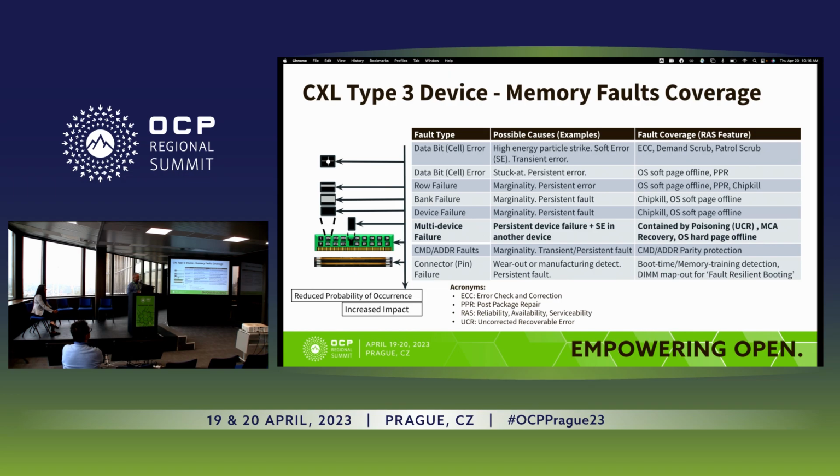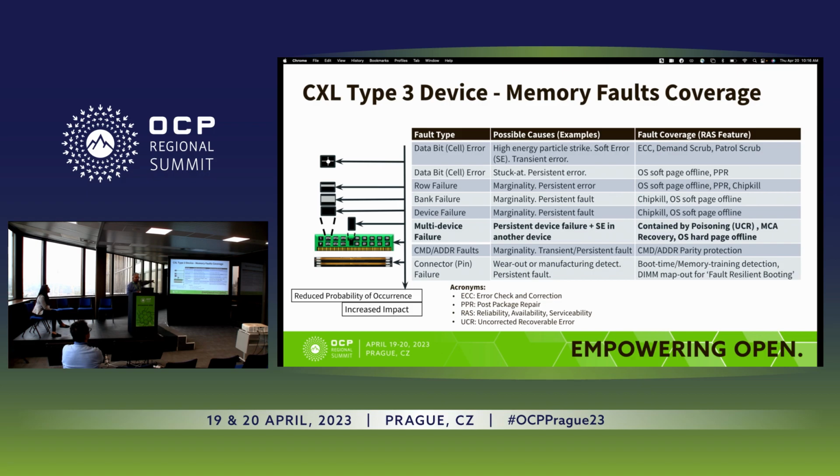Those are mostly detected during training, at boot time itself, and we'll map out the DIMM. The whole DIMM or the whole channel will be mapped out. So that's how we mitigate those faults also. So overall, there is a pretty robust fault handling mechanism that we can build, and we have built actually, and can be deployed to manage the memory faults.